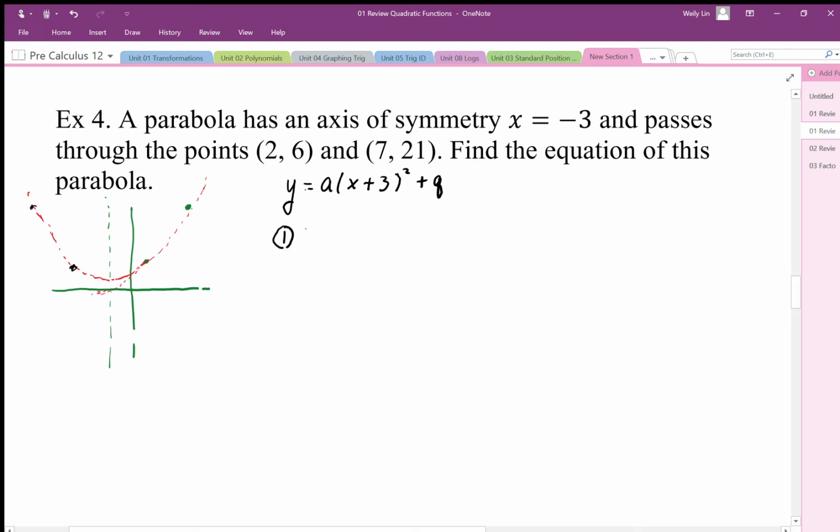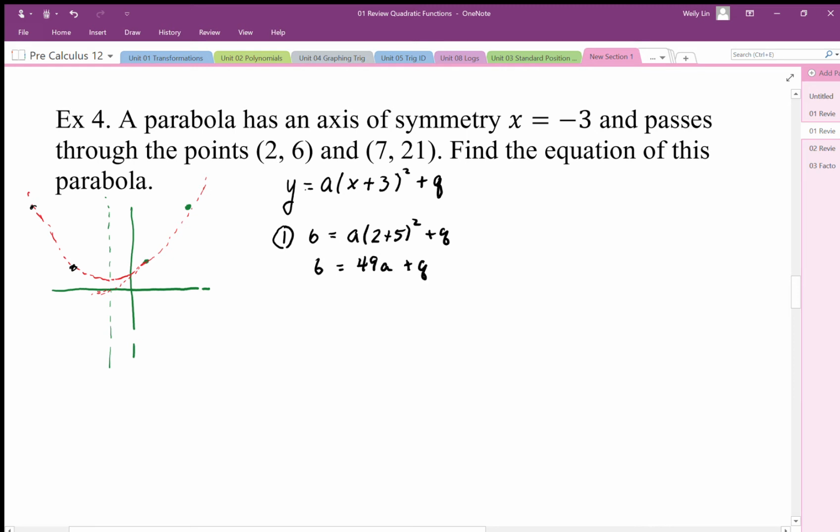So I'm going to plug in my x and y. My y is 6 when my x is 2. And so I end up with, I'm going to simplify this, 6 equals 25a plus q.